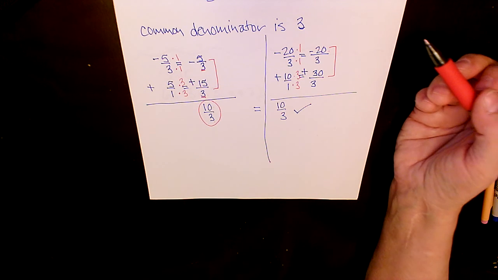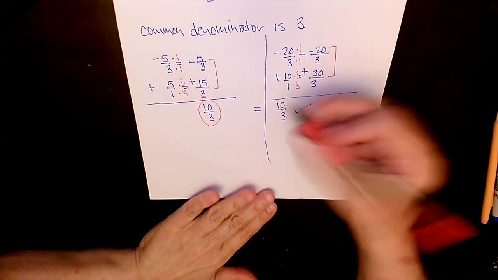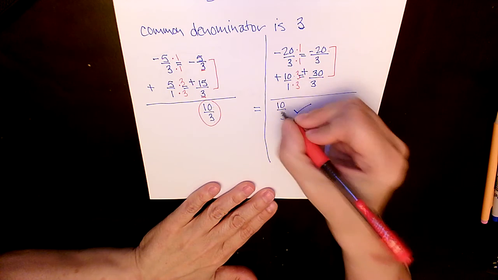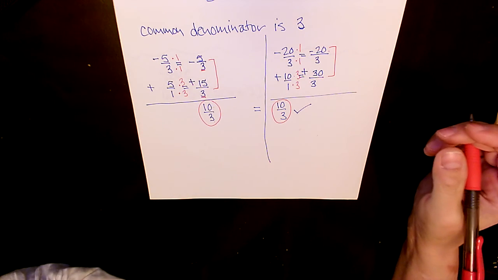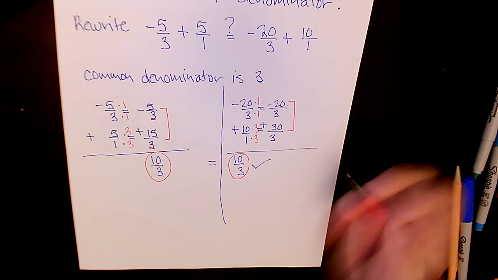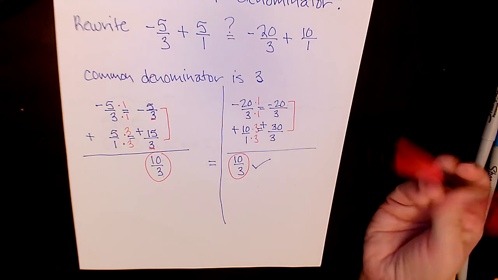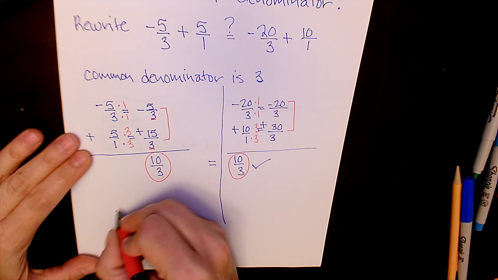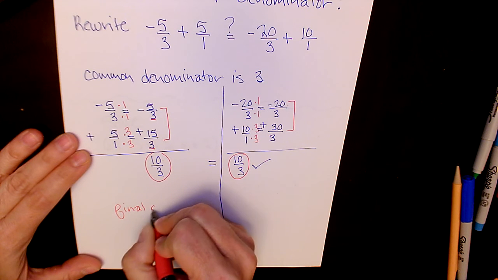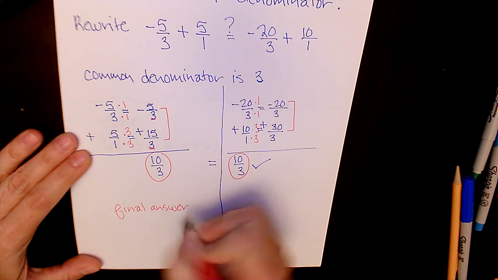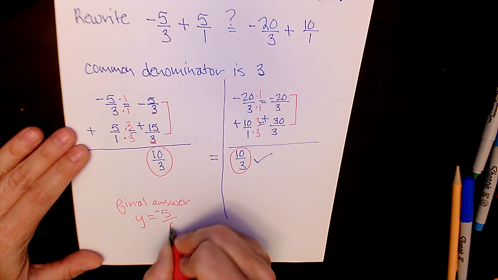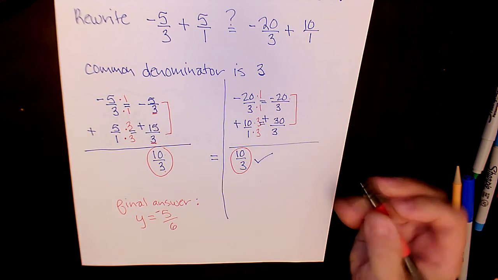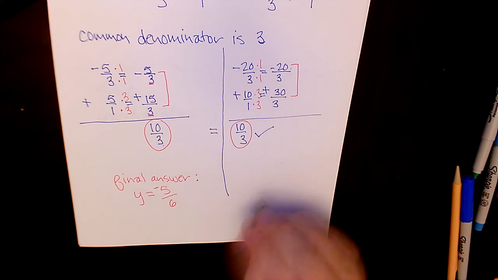So 30 minus 20 is 10, and bringing the denominator straight across, I've got 10 thirds equals 10 thirds. And so both sides do check. So I've got a final answer of y equals -5/6, and that does work because we did check it.